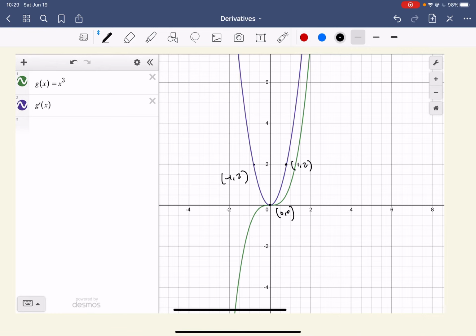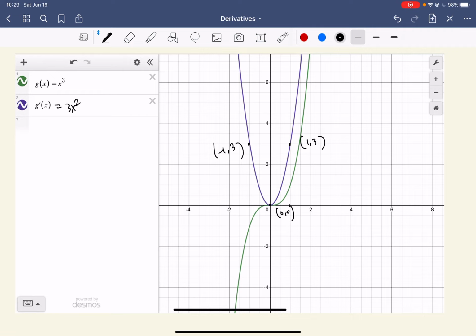Thus we know that this equation would just be 2x squared. And wait, actually that is not 1, 2 over here. Oops. So this point is 1, 3, and this point will be -1, 3. So that would give us our equation 3x squared.